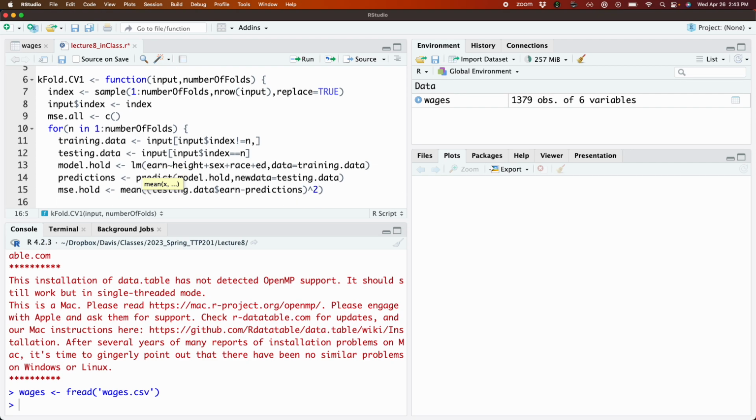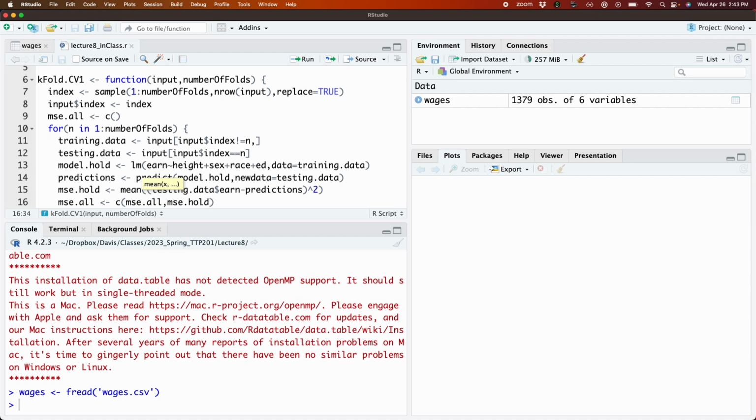And I can do something like this. This is going outside here, my empty bucket that's holding the mean squared errors.